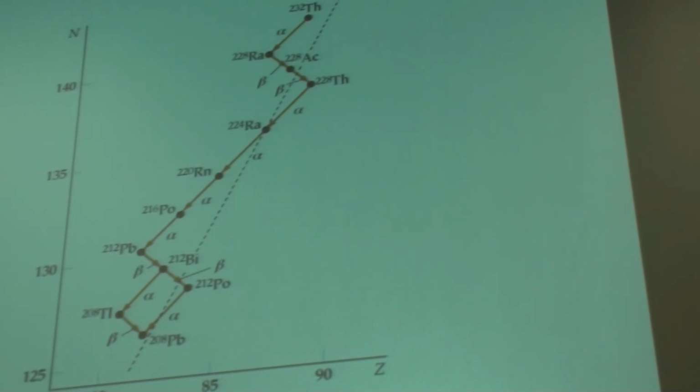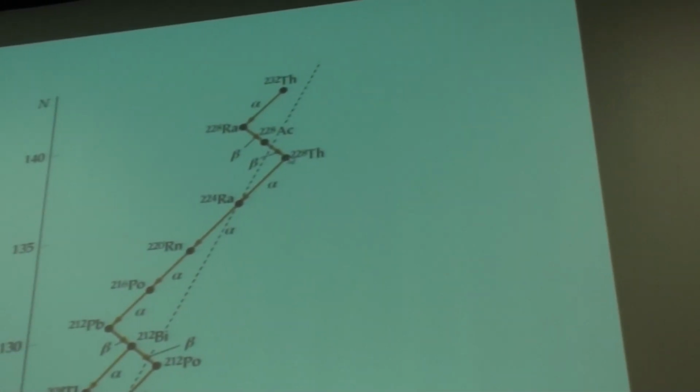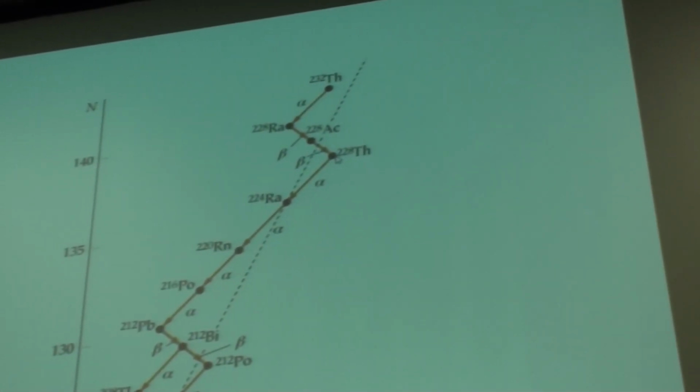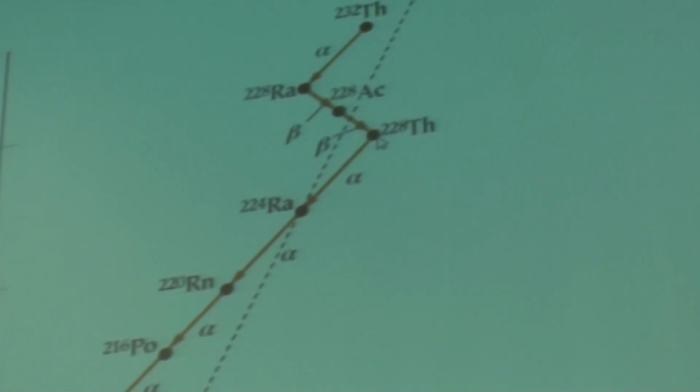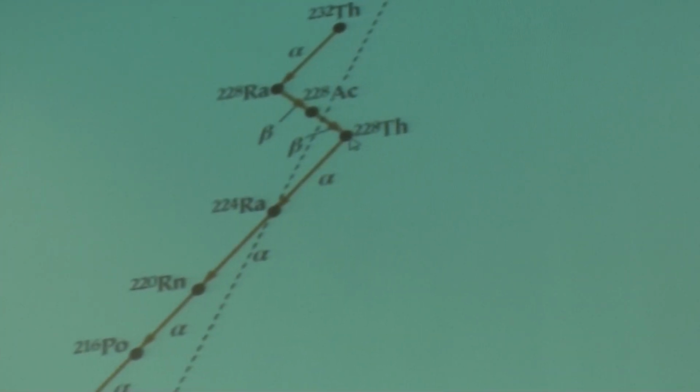Because remember, each time you emit a beta particle, you have an increase in Z of 1, so you go from radium back up to actinium, which is element number 89, and then back to thorium again, which is element number 90, but a lower mass isotope. So the N to Z ratio now is lower.